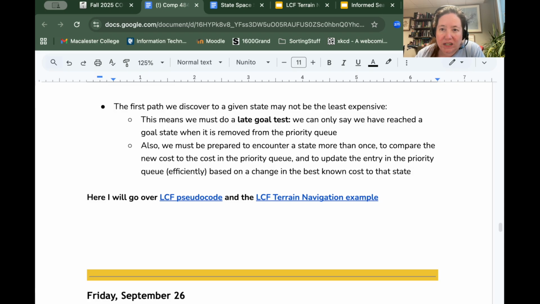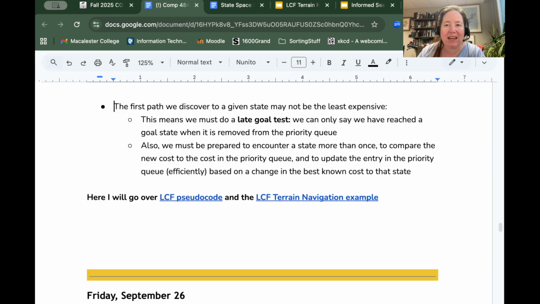When we first reach a state in lowest cost first, we actually don't know that we've reached it by the least expensive route. We only know something is a least expensive route when we choose it out of our data structure and we visit it for the final time and generate its neighbors.